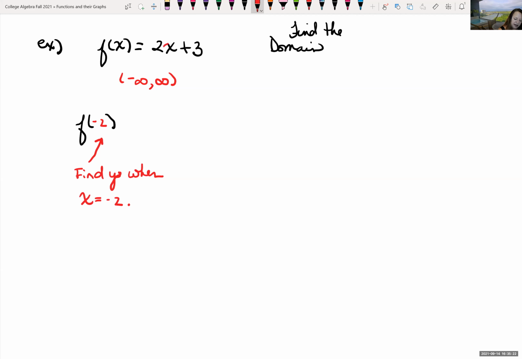So all we're doing, right, is we're going in and we're plugging in -2 wherever we see an x. So we have 2 parentheses, and replace it with -2 plus 3. So simplify, order of operations, multiplication comes first. We get -4 plus 3, which is -1.